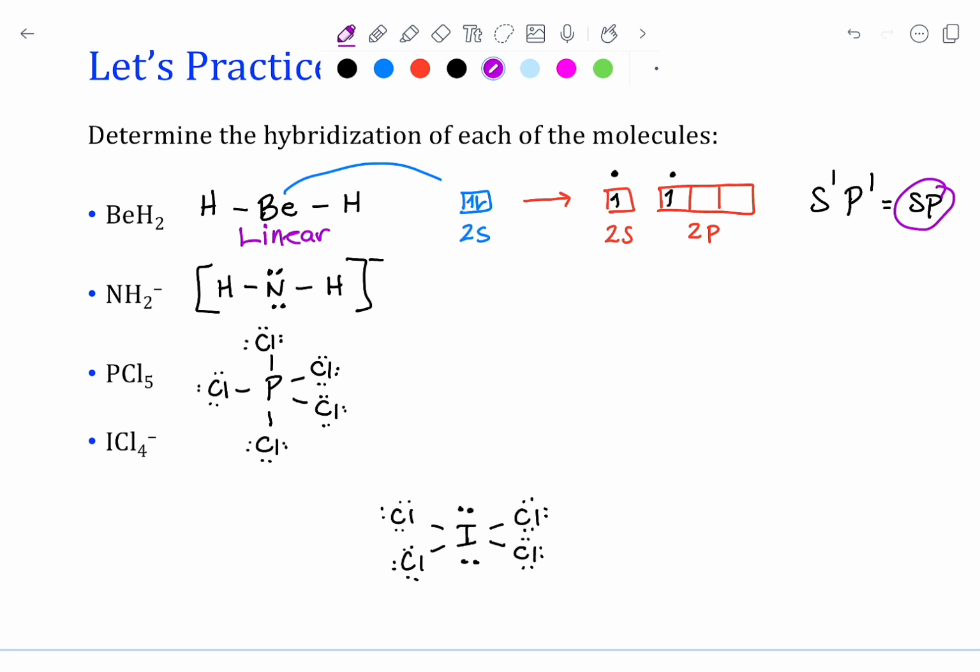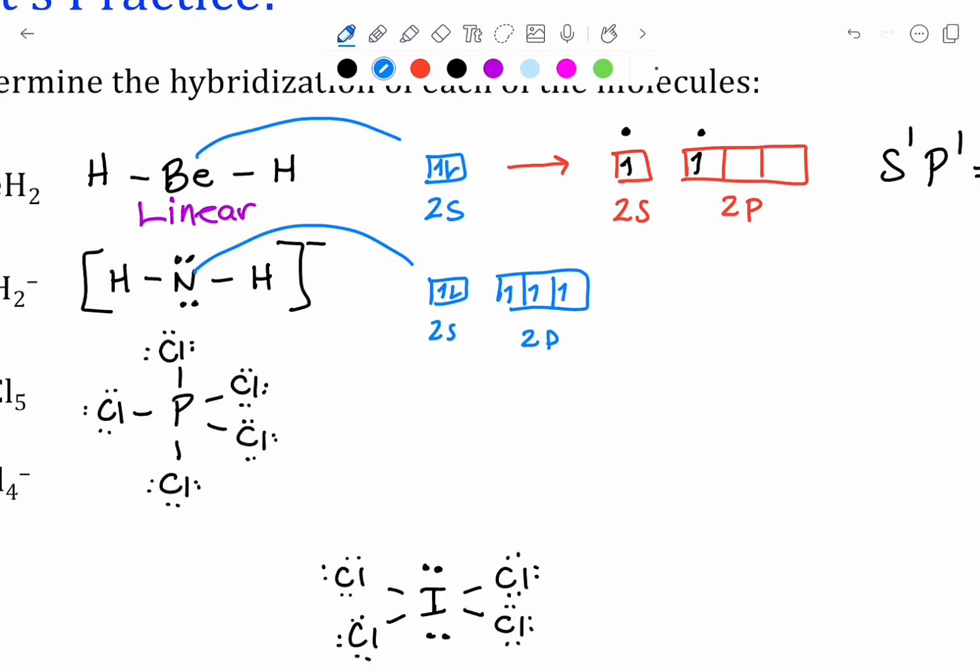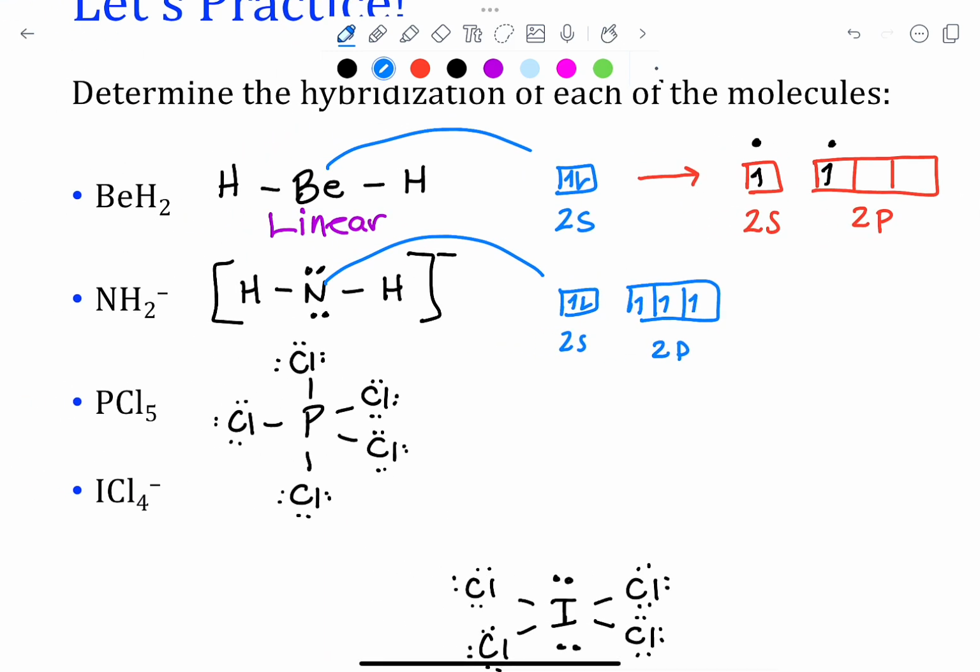Okay, so let's look at nitrogen next. Nitrogen has its valence electrons in the 2s and the 2p. So we have 1, 2, 3, 4, 5. When we see an ion and we're looking at hybridization, that extra electron is going to be accounted for in the central atom.